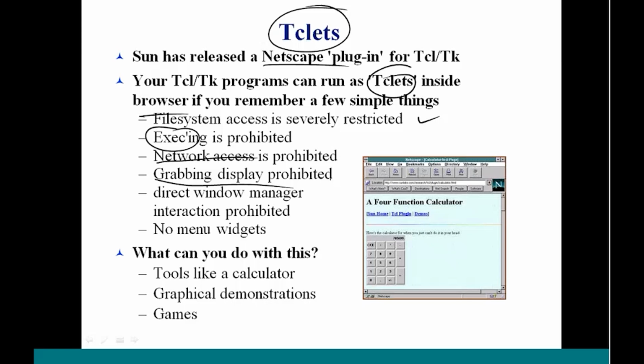And then direct window manager interaction is also prohibited, and there are no menu widgets. So as long as you can keep track of this, you can write your own ticklets, which are embedded TK programs.